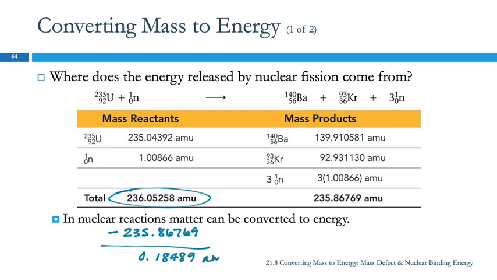That gives 0.18489 atomic mass units. So that is the amount of mass that's lost.